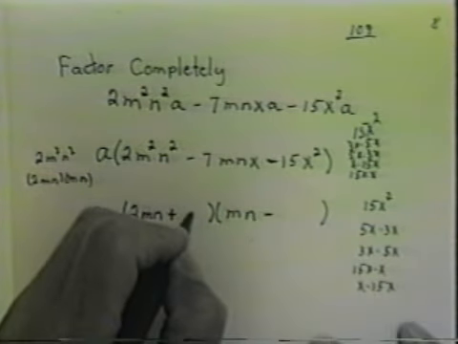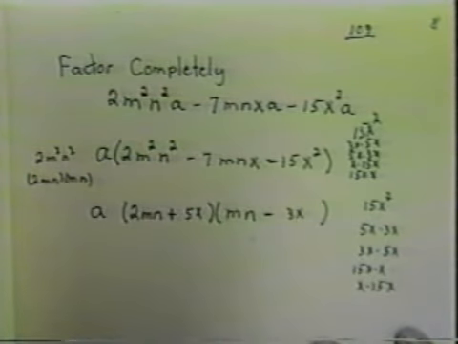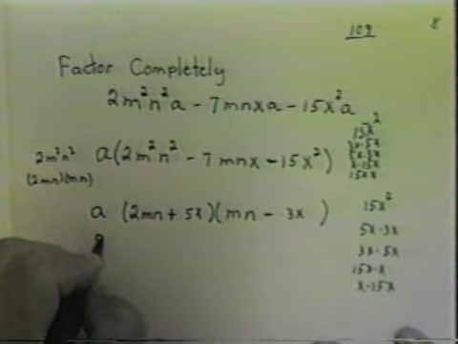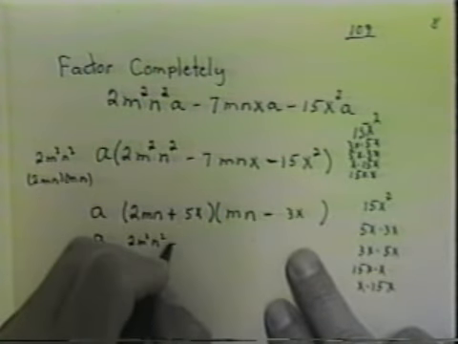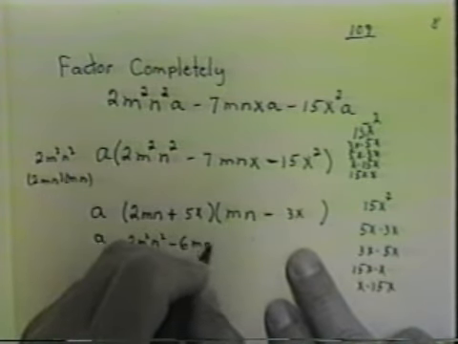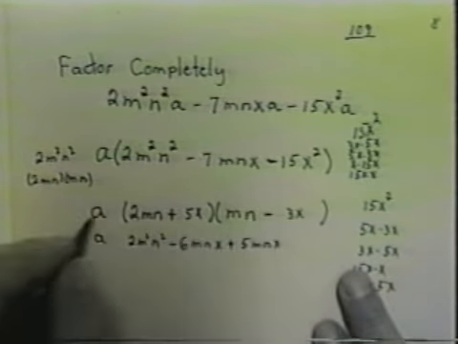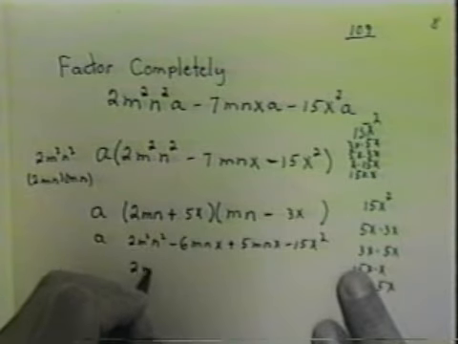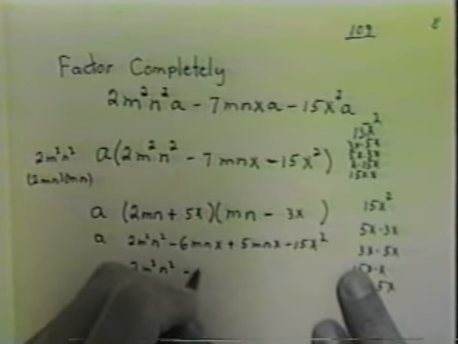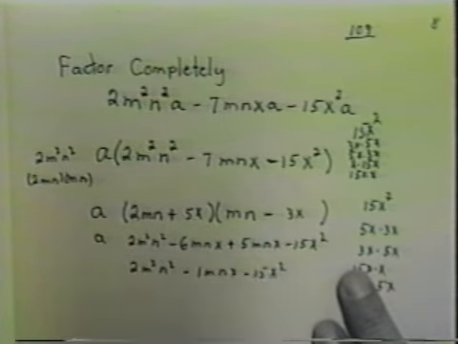Let's try, first of all, 5x and 3x. Checking, I would just bring down the a, and then I have 2m squared n squared minus 6mnx plus 5mnx minus 15x squared, which gives me 2m squared n squared minus 1mnx minus 15x squared.